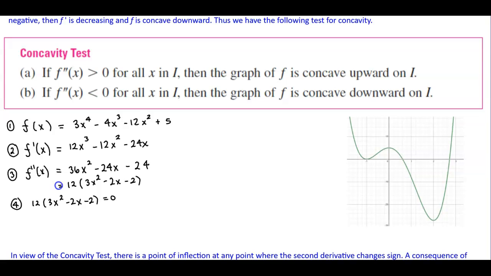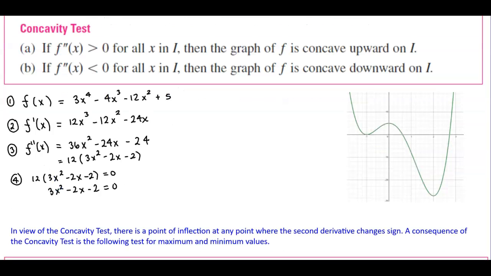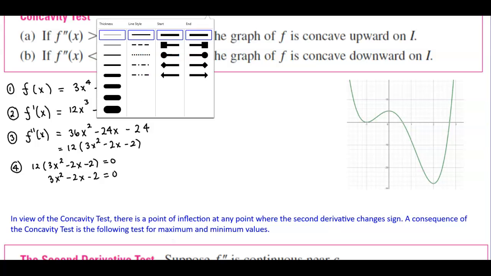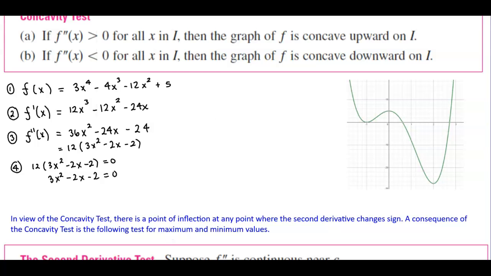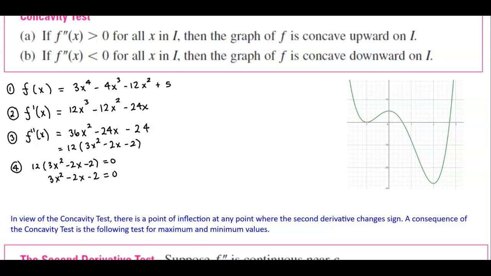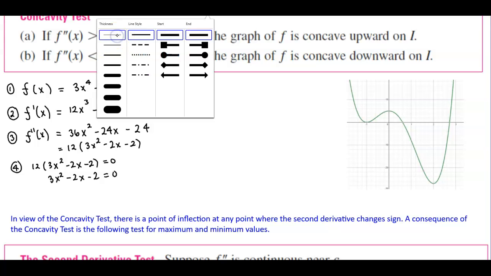Then we divide both sides by 12, and we get 3x squared minus 2x minus 2 equal to 0. Now, we can't factor this without either completing the square or using the quadratic formula. So in order to solve it, we're going to use the quadratic formula.